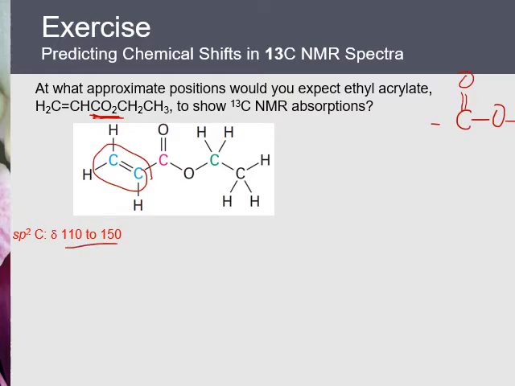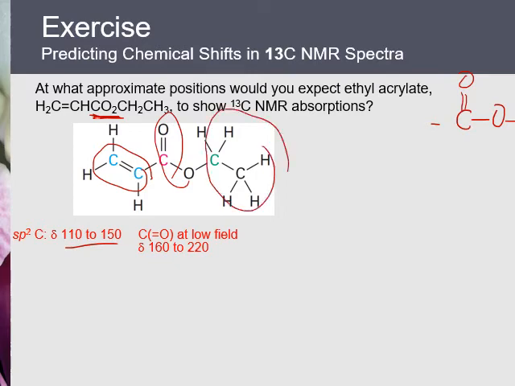The carbonyl carbon should be in the range 160 to 220, and the sp3 hybridized in the range of 0 to 90. The one close to oxygen should be downfield towards 90. So we assign these numbers.